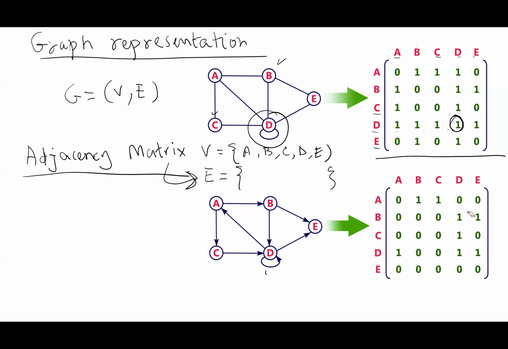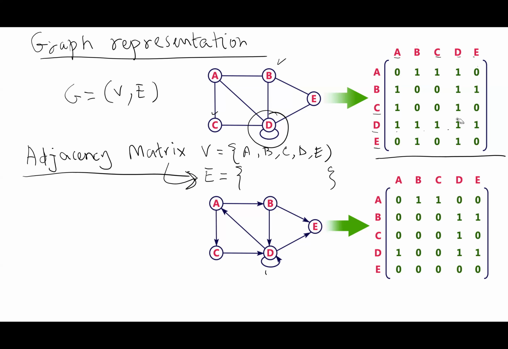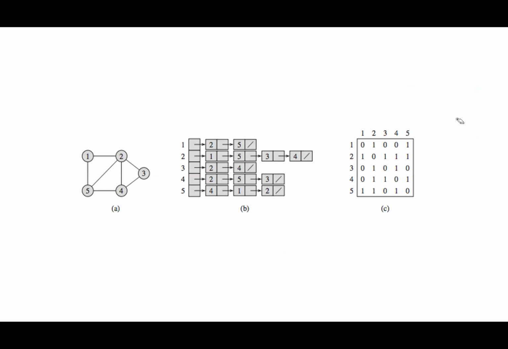So this is the first way to represent a graph, right? This is the adjacency matrix. Very carefully, just try to remember this, because we'll be using this a lot later. Okay, and the second way is adjacency list. So this is the adjacency list.